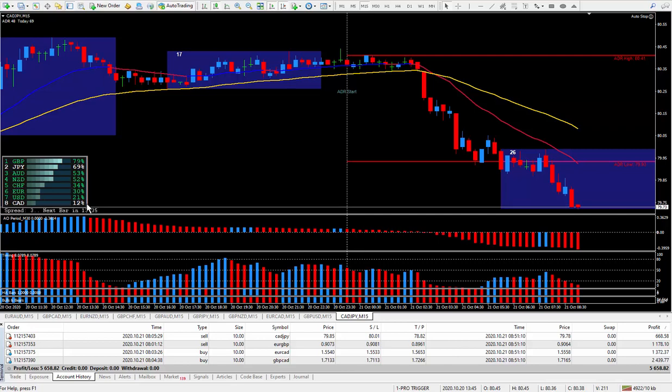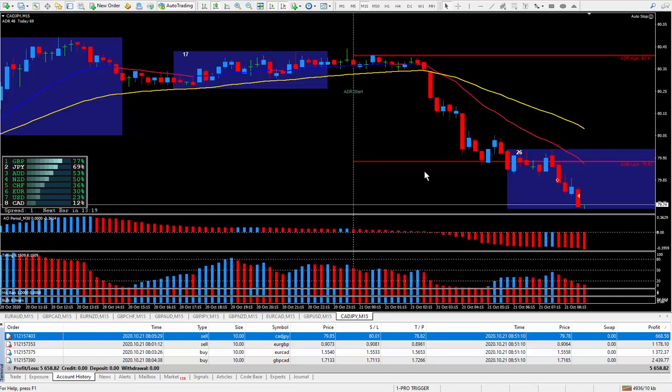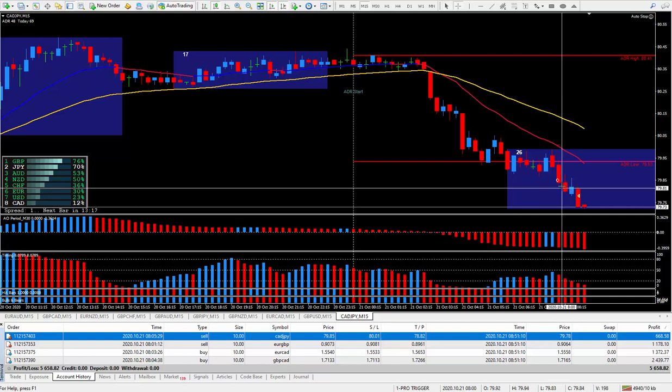It still is weak. So I sold on this particular one, the CAD yen, at exactly 5 after 8 before the news. I love trading with any trigger system, but this pro trigger is really good. Took the trade right in here and I closed it out.